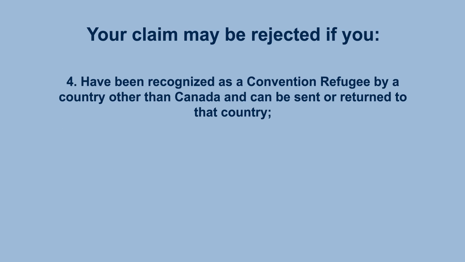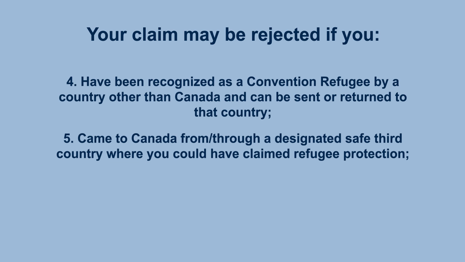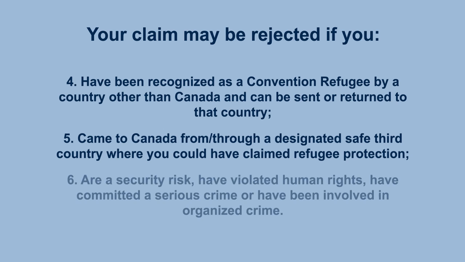If you have been recognized as a convention refugee by a country other than Canada and can be sent or returned to that country. 5. If you came to Canada from or through a designated safe third country where you could have claimed refugee protection. Or 6. If you are a security risk, have violated human rights, have committed a serious crime, or have been involved in organized crime.